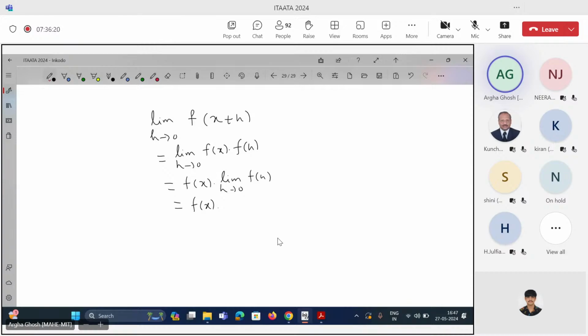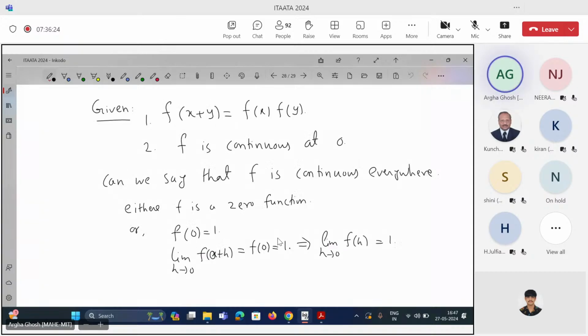In this case we assumed that it is continuous at 0. Suppose you know that it is continuous at a particular non-zero point. Can we have this similar type of relation? So why is 0 important? You see that we used the fact that f of 0 plus h is f of 0. If it is something else, you cannot use that fact. So that's why in this condition, continuity at 0 is very important.